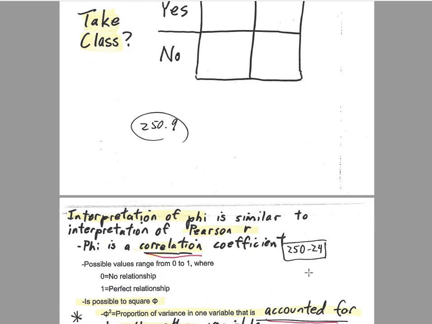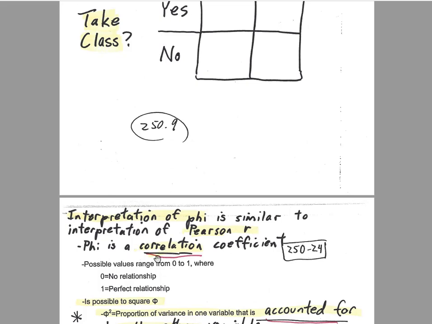I dig a little deeper on that on page 250-24. The good news about the Phi coefficient is that it is basically a correlation coefficient, very much related to the Pearson correlation coefficient that you're already familiar with. The interpretation of the Phi coefficient is similar to the interpretation of Pearson r, which was the subject of a previous lecture.